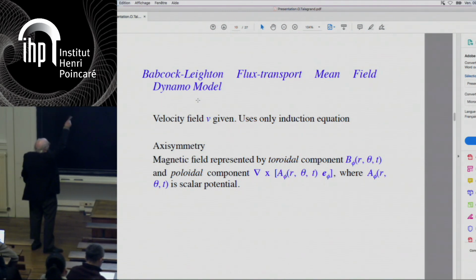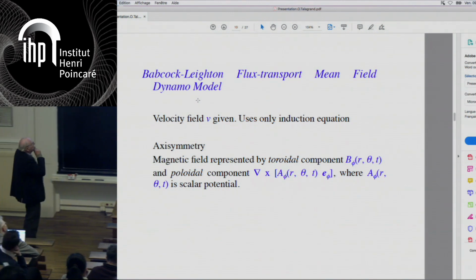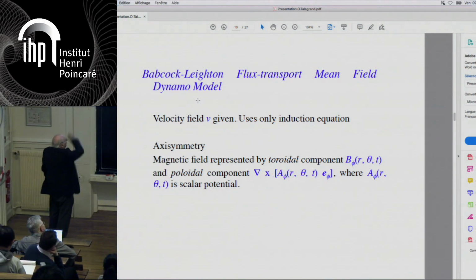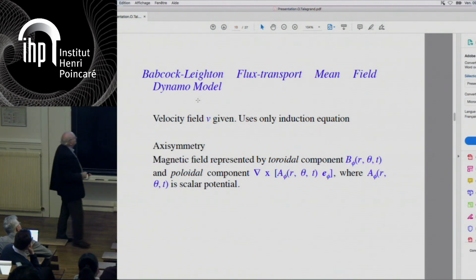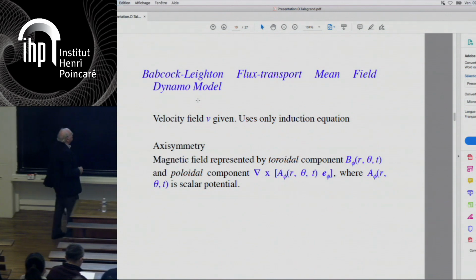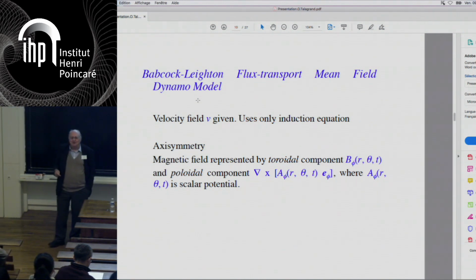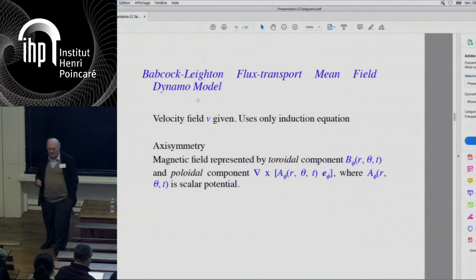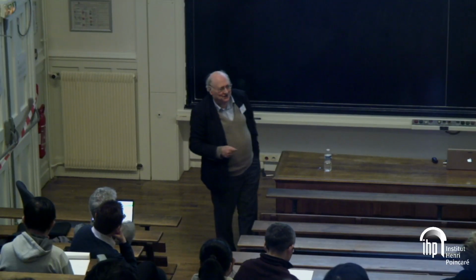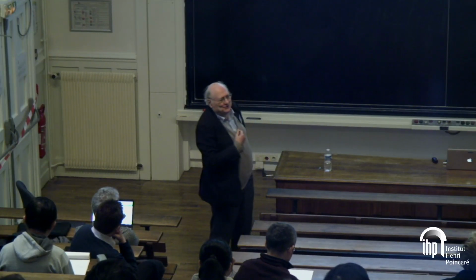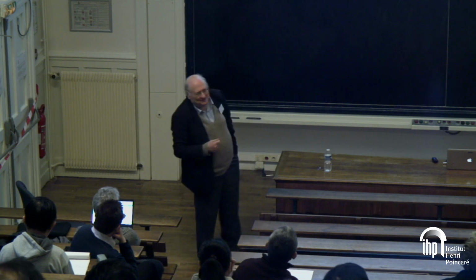The velocity field is given, and so the model uses only the induction equation, dB over dt. There is an assumption of axisymmetry, and so the magnetic field is represented by two components. When speaking of magnetism, there is the toroidal component. This is what we call the zonal component when we speak of velocity field.